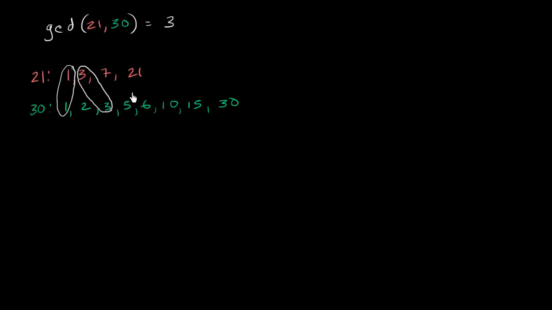Now, I keep talking about another technique. Let me show you the other technique, and that involves the prime factorization. So if you say the prime factorization of 21, well, it's divisible by 3. It is 3 times 7. And the prime factorization of 30 is equal to 3 times 10, and 10 is 2 times 5.